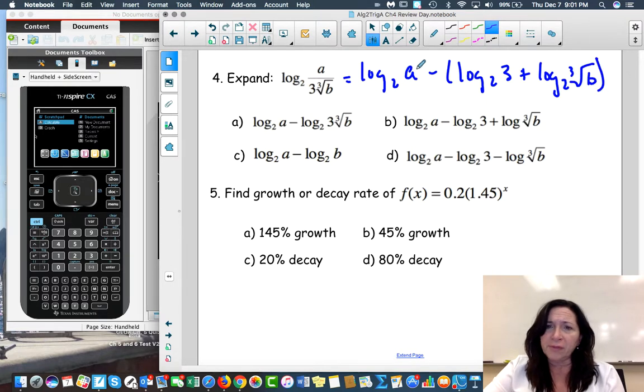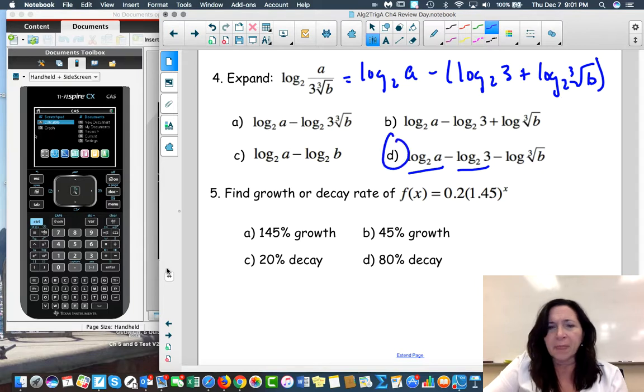So we have log base 2 of A, check, minus log base 2 of 3, minus log base 2. Okay, so it's this one, D.